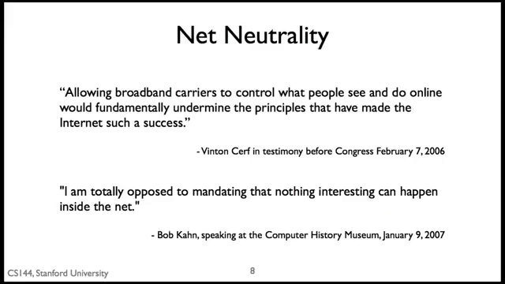If you are a user at home or in an enterprise who is using the network, and you're using a service or an application that requires data to be delivered to you, for example, you're streaming video, or you're in a voice over IP communication, then the question is, should that data receive better treatment because of the application that you're using, depending on what the application is or where it's coming from, decided by somebody else, so that they can make a decision on your behalf of which data is more important.